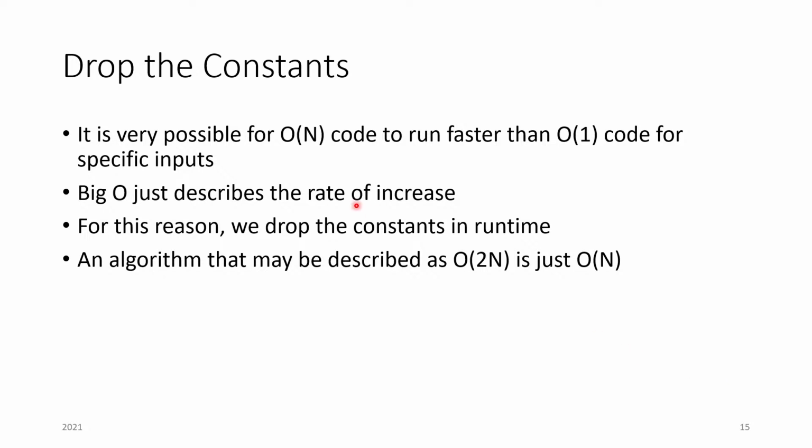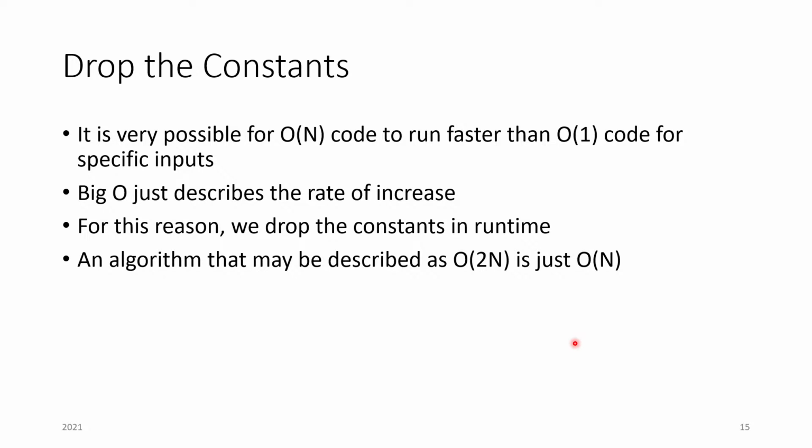And if you do have some constants at runtime, let's say O of n plus 2 or O of 2 over 3 and whatnot, we just drop those constants because they don't add any value in describing the efficiency of our algorithms. So for instance, if we had O of 2n, this 2 doesn't really add much value. Because it's already linear in nature, we just say it's O of n, because we're just describing the rate of increase.